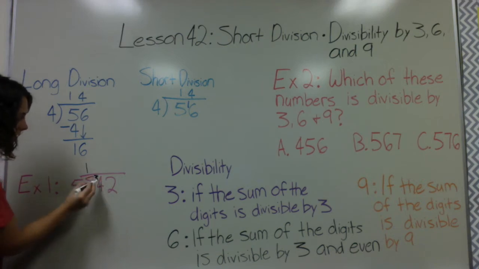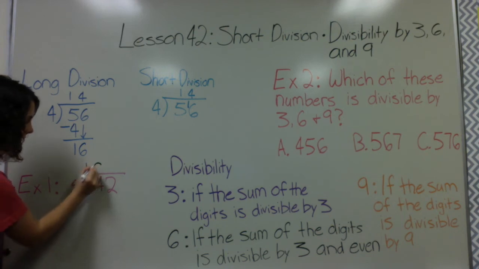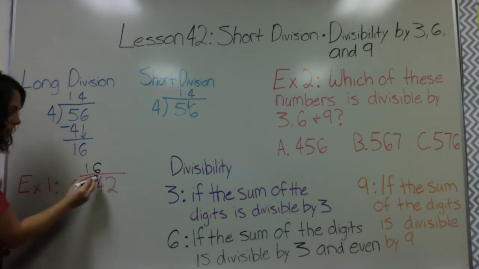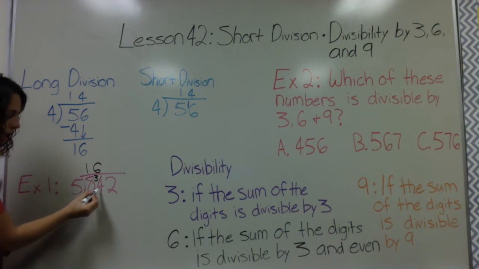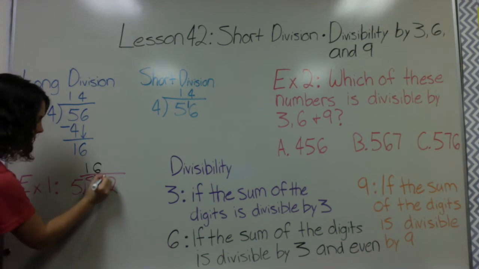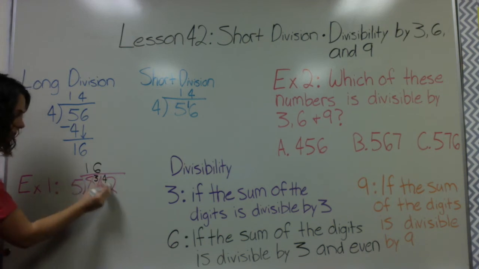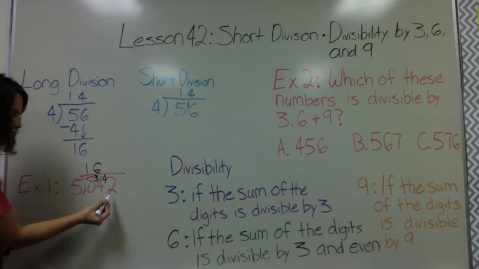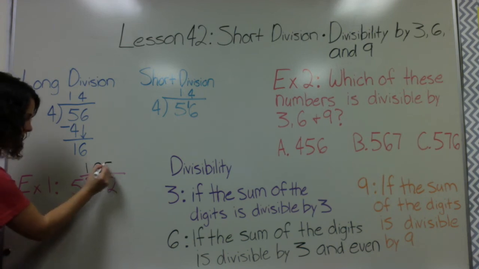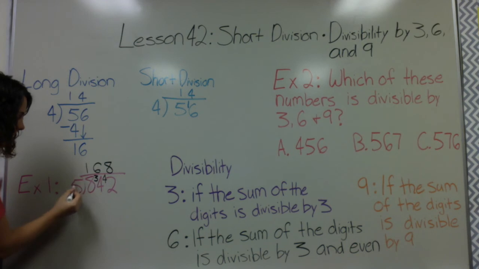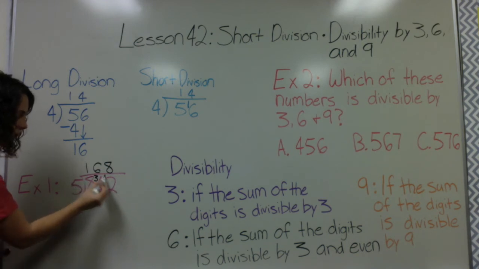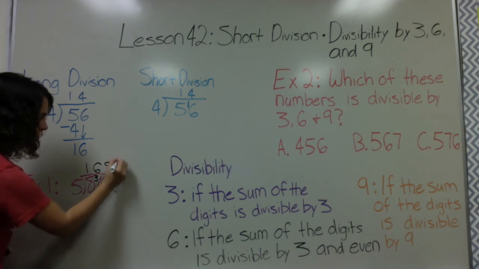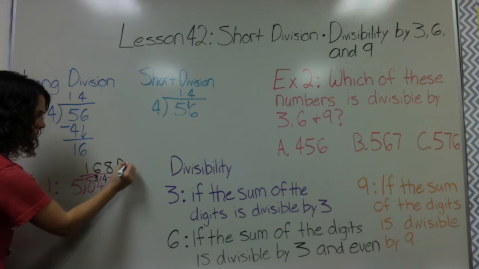Bring my 3 here next to my 4. 5 goes into 34 6 whole times, and 6 times 5 is 30. 34 minus 30 is 4, so then I have 42. How many times can 5 go into 42? It goes in 8 times. And 8 times 5 is 40, so 42 minus 40 is 2. That's my remainder. So remainder 2.